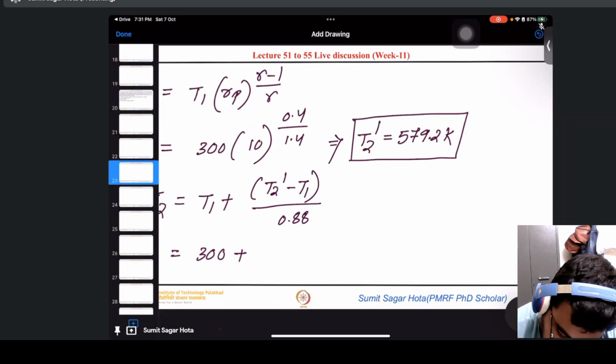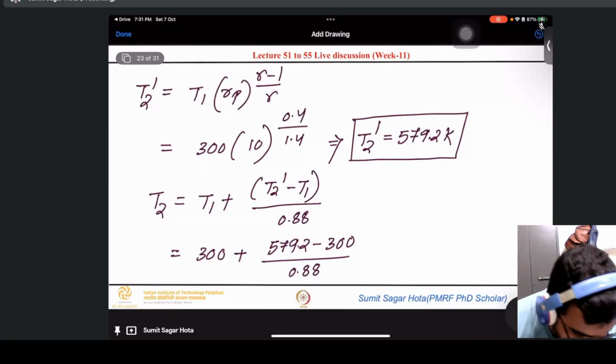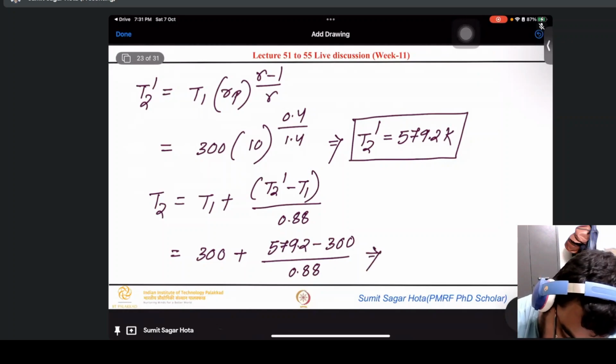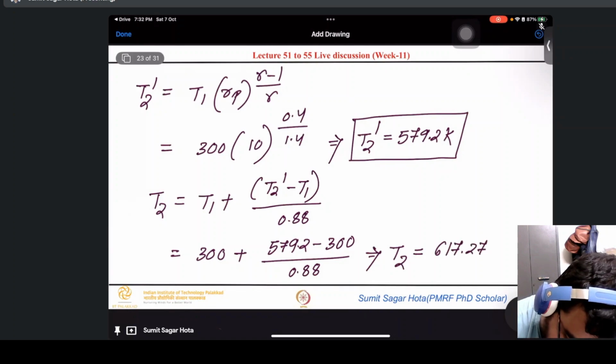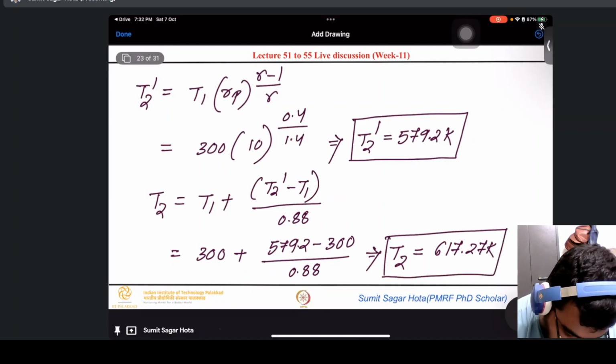So T2 dash minus T1, that is 579.2 minus 300, divided by 0.88. Now solve it and get T2. What is T2? 617.27 Kelvin. This is your T2.